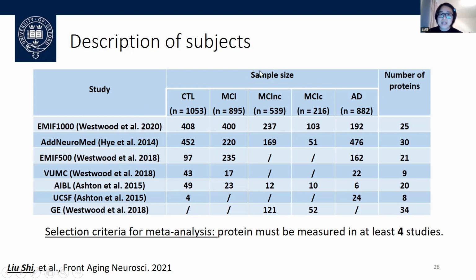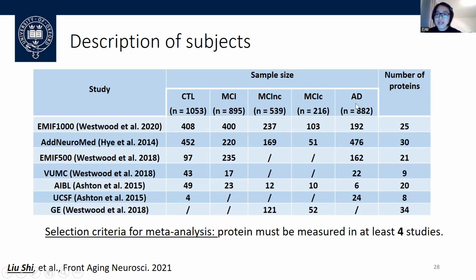In terms of sample size, as you can see, it included over 1,000 healthy controls and nearly 900 MCI patients. In addition, we had data on disease progression, which means we know who converted to AD and who did not convert to AD within 5 years.